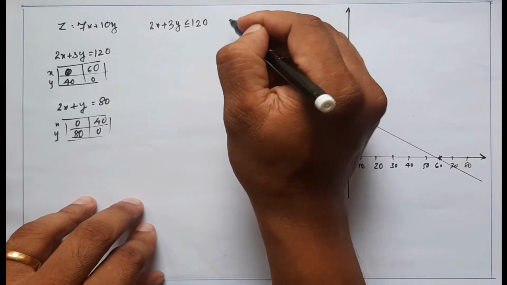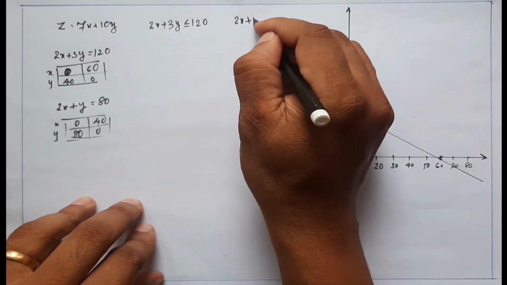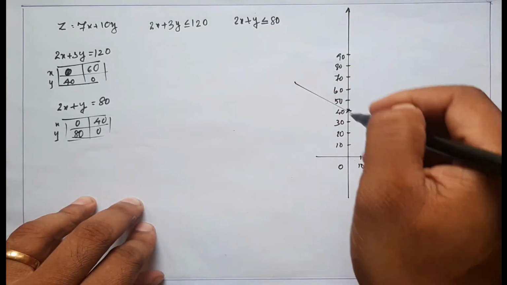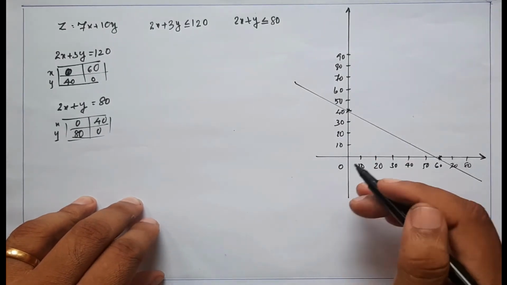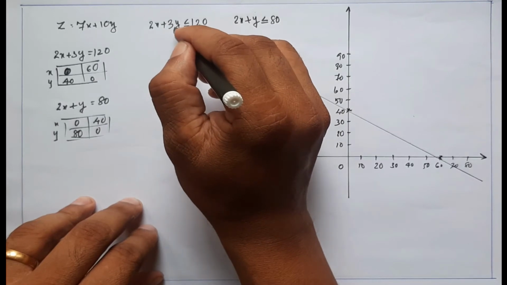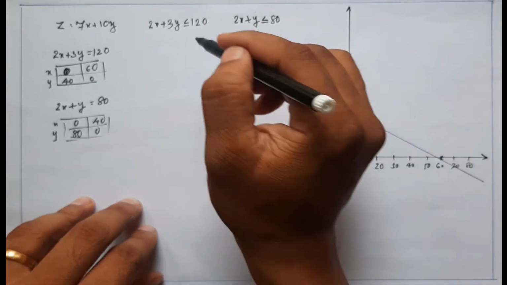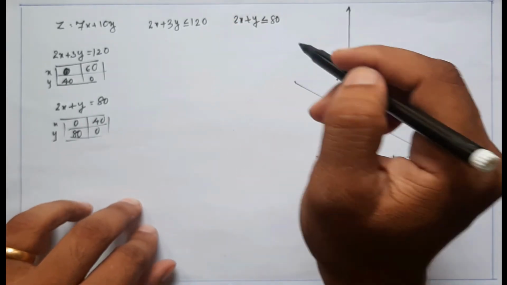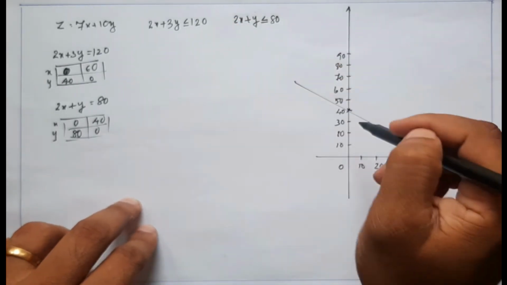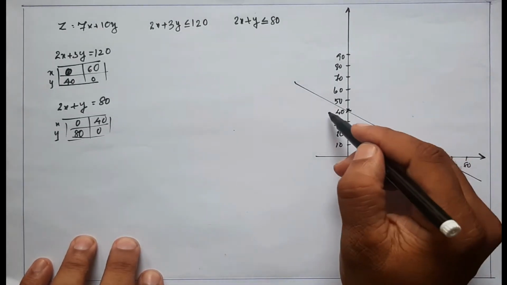We get 0 plus 0, 0 less than 120, equal to is already the line. So 0 less than 120, that means the origin satisfies the given inequality, and therefore the shaded region is on the lower half plane.